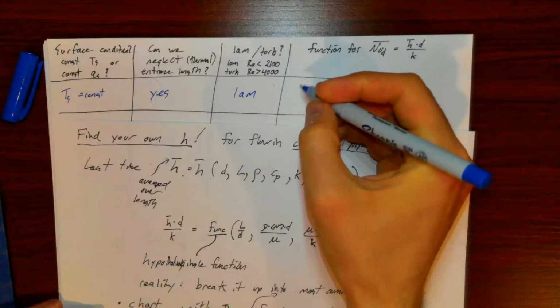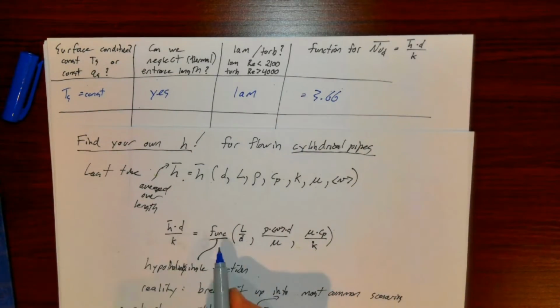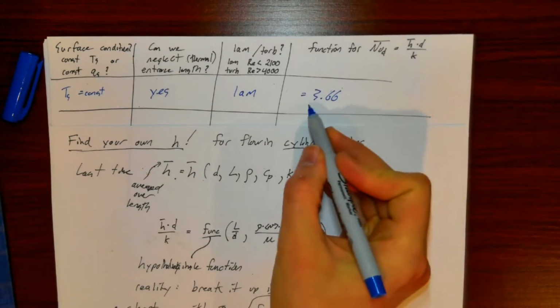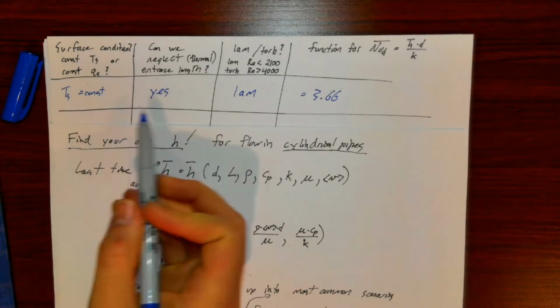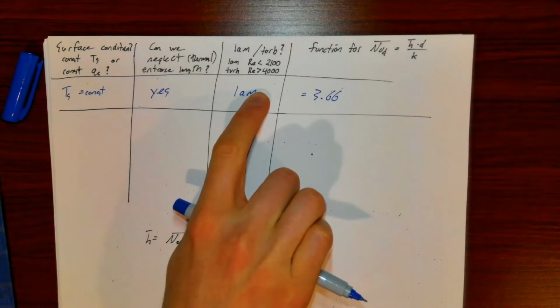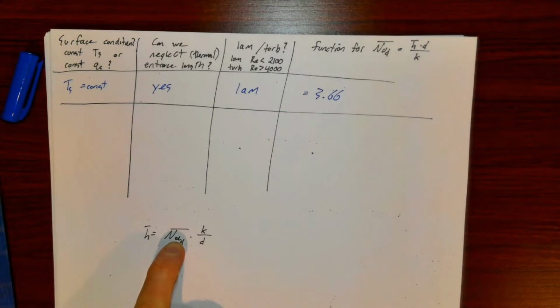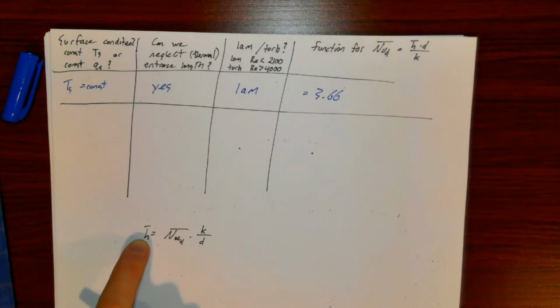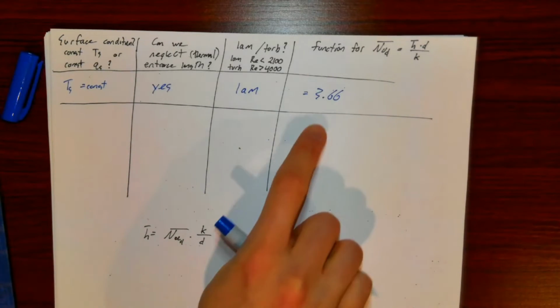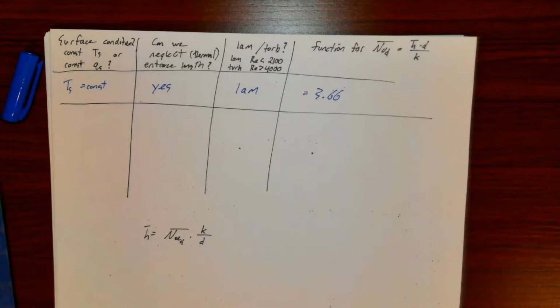Nusselt number in this scenario is just equal to 3.66. It's just a single number. So if these three criteria are met, you just put 3.66 in for your Nusselt number, plug in your k and d, boom, there's your h. Easy as pie.